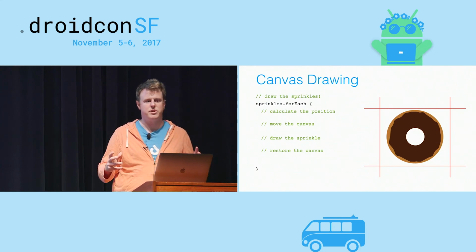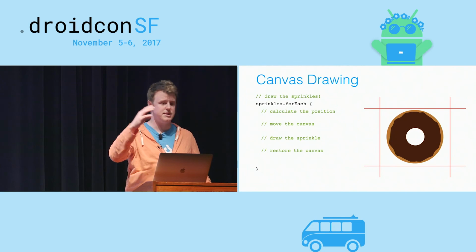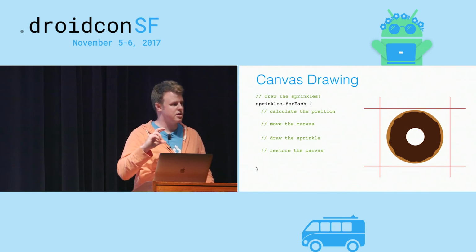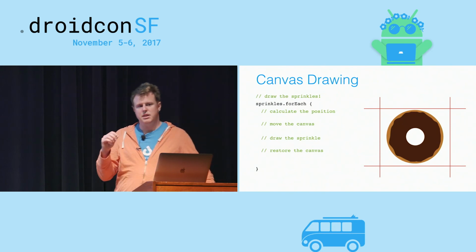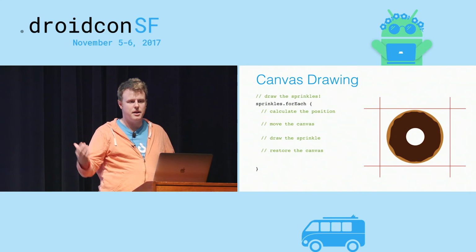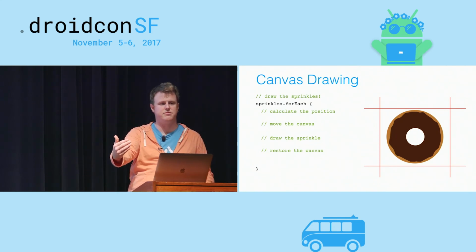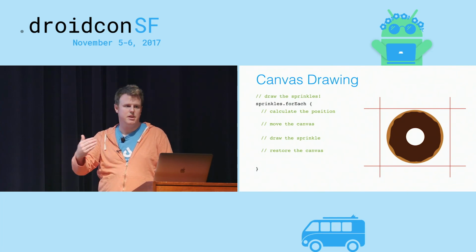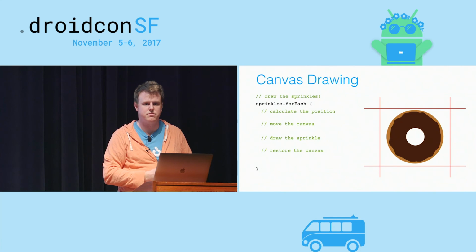Just sort of a side note here, if you were to have a custom view, for instance, and you did not take care of saving and restoring state, the reason that you need to do that is, say you clip the canvas, say I clip the hole out of this canvas. When it's drawn to the view, it is given the canvas. I don't own that canvas, right? And maybe there's some other view that's going to show up on top of this view, for instance.